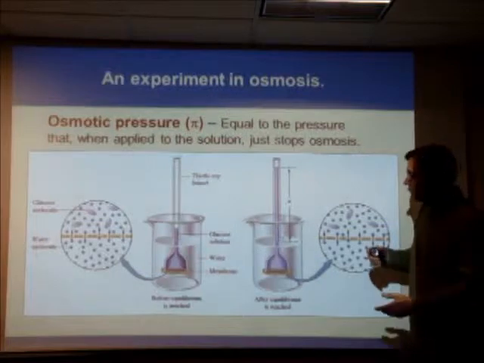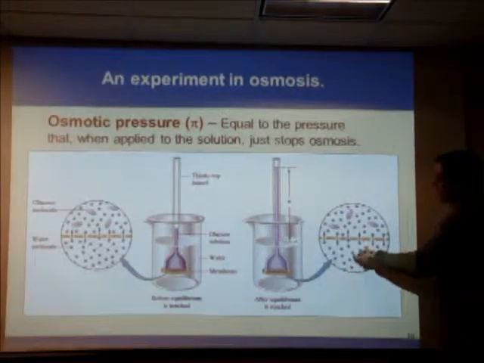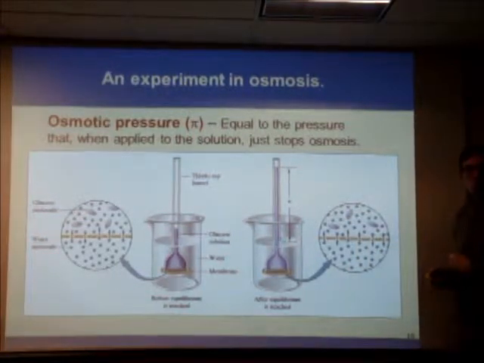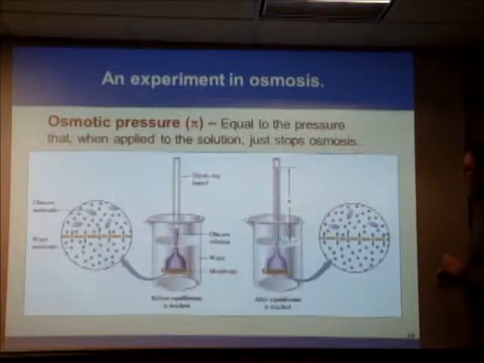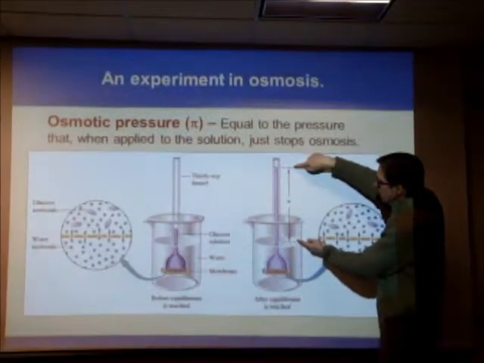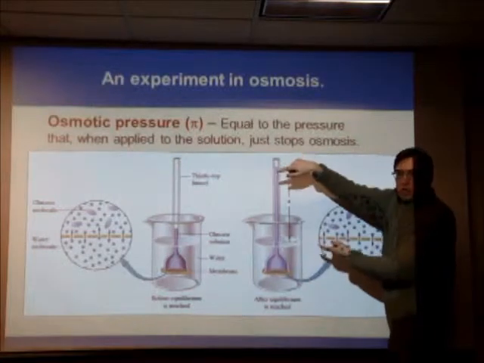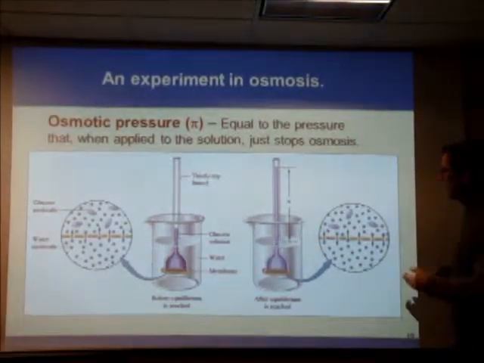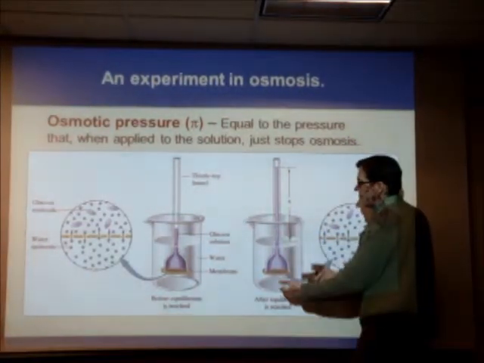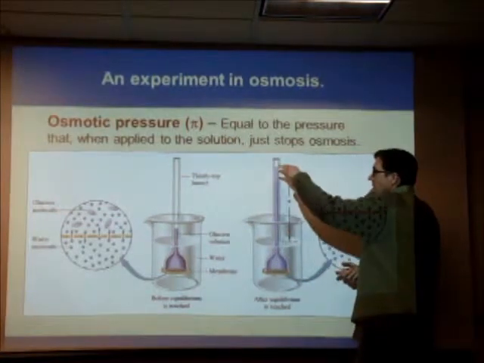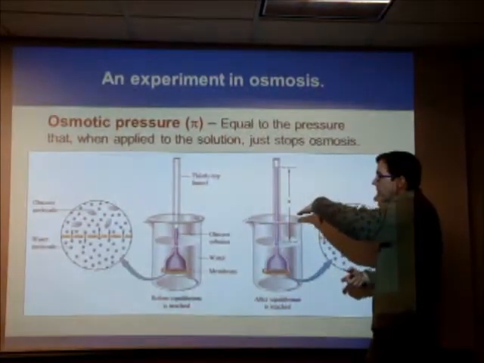When equilibrium is reached, which means that the net flow of water up is the same as the net flow of water down, is when the osmotic pressure has been balanced. So you have to imagine that as water flows in here, this thing is moving up. There's air pressure pushing down on this.